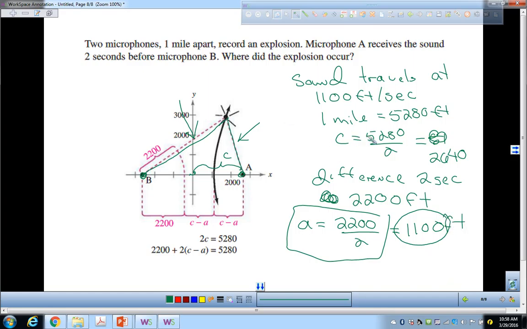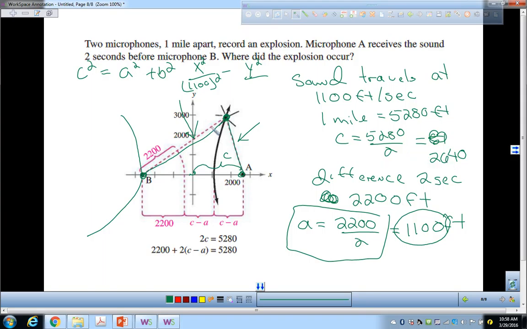And then you can plug in that c squared is equal to a squared plus b squared, and find the equation of this hyperbola. All they want you to say is that the explosion occurred somewhere on this hyperbola with the equation x squared over 1,100 squared minus y squared over, you would have to do the math to go a squared plus b squared equals c squared.